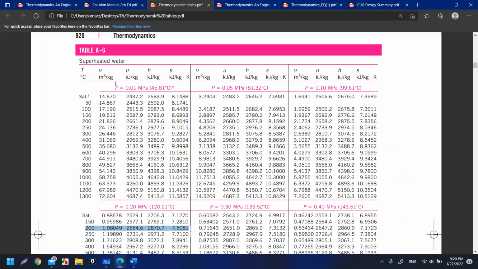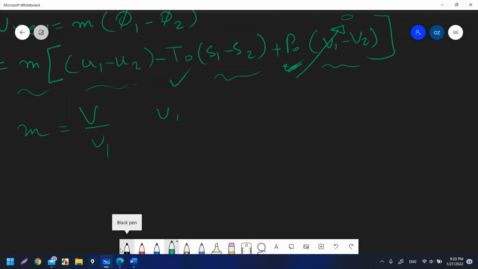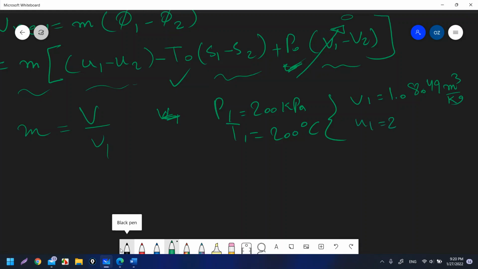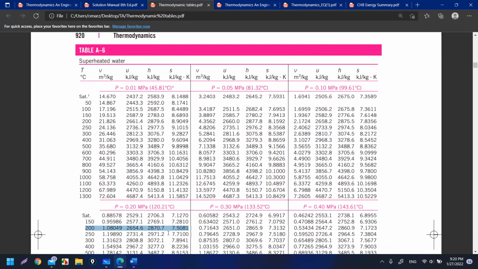So V1 at 200 kilopascal and T1 equal to 200 degrees Celsius will give me V1 equal to 1.08049 meter cubed per kilogram, and U1 is 2654.6 kilojoule per kilogram, and S1 is equal to 7.5081 kilojoule per kilogram Kelvin. This number, yeah.